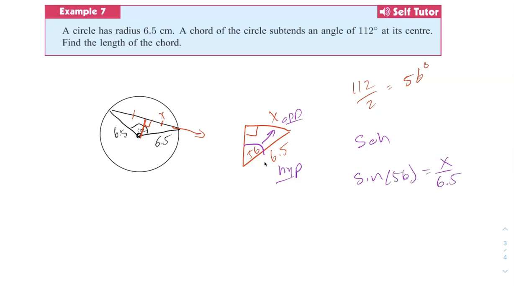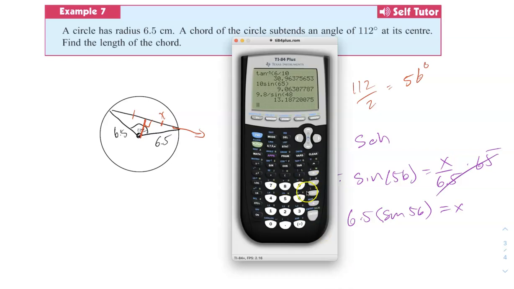Let's multiply both sides by 6.5. Put that in our calculator. We get 5.39, I guess, if we're doing 3 sig figs.